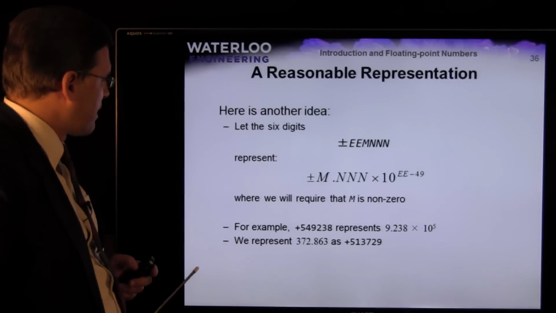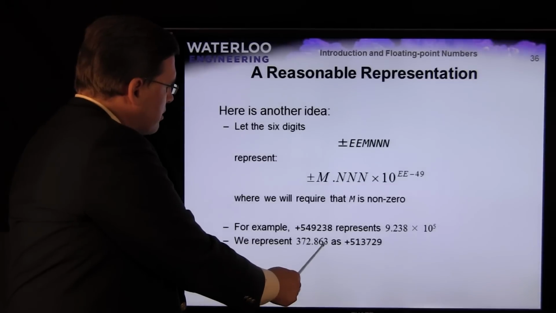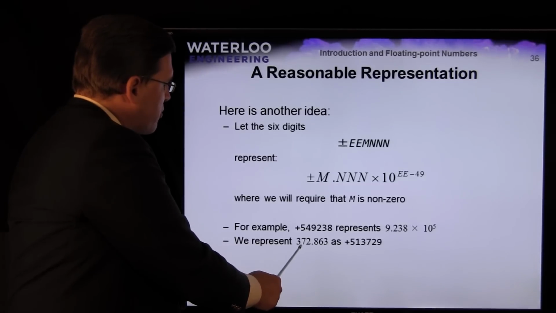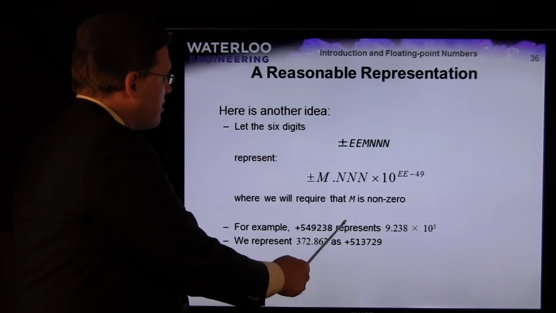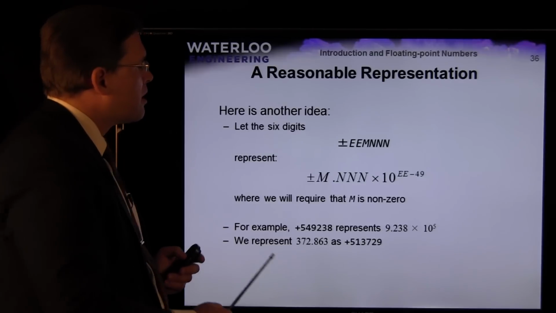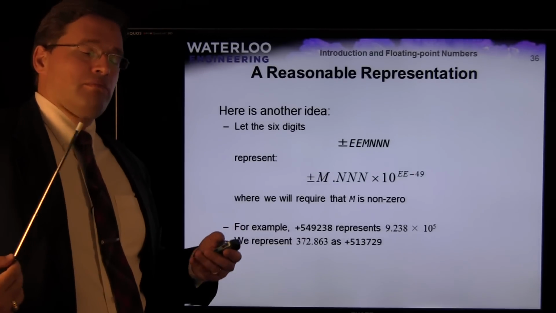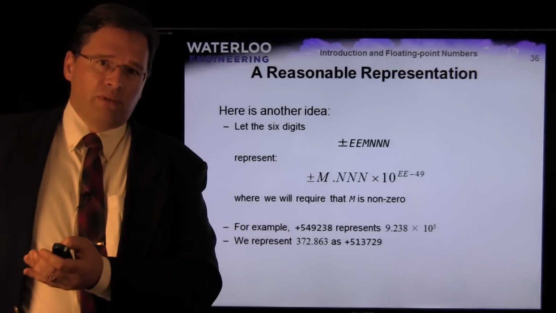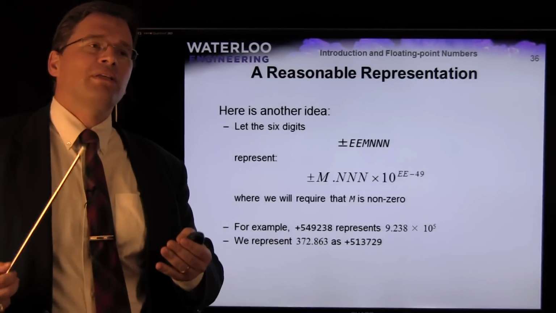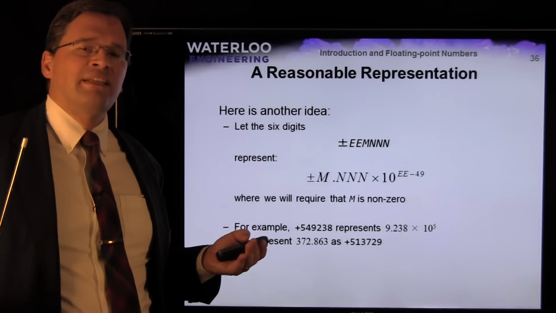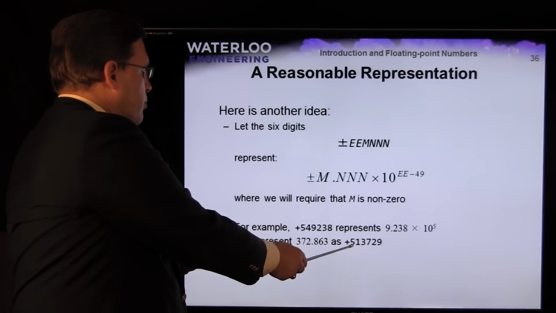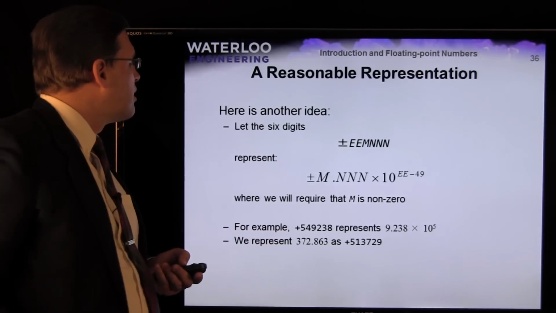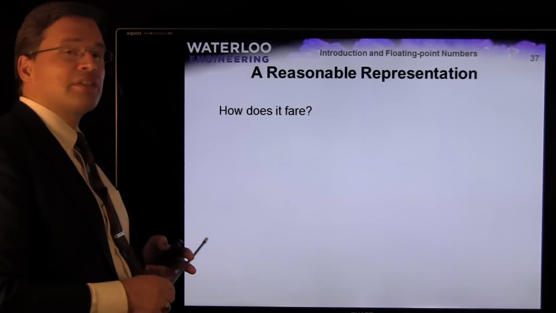That would be my mantissa, and this would be 3.729 times 10 to the 2. What do I need to get? What, when 49 is subtracted off of it, gives you 2? 51. So 513729.